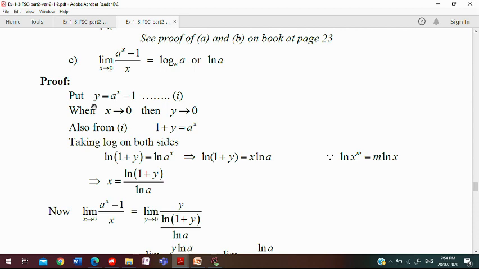Simply you can calculate this limit from your supposition. If you put x as 0, a^0 minus 1 means 1 minus 1, so y approaches 0. So by using this supposition, y is equal to a^x minus 1, we can say that when x approaches 0, then y also approaches 0.